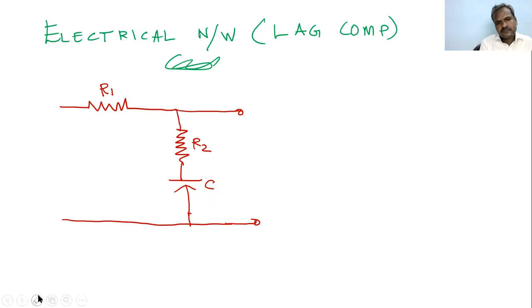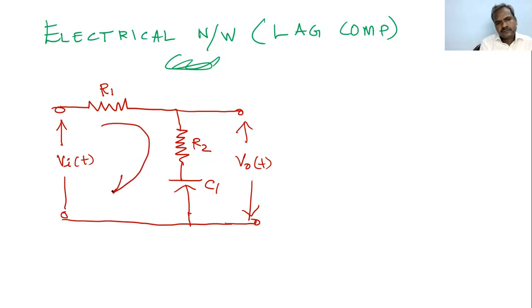So this is the input, V i of t. This is the output, you can have it as V naught of t. There is a current flowing in the circuit, i of t.